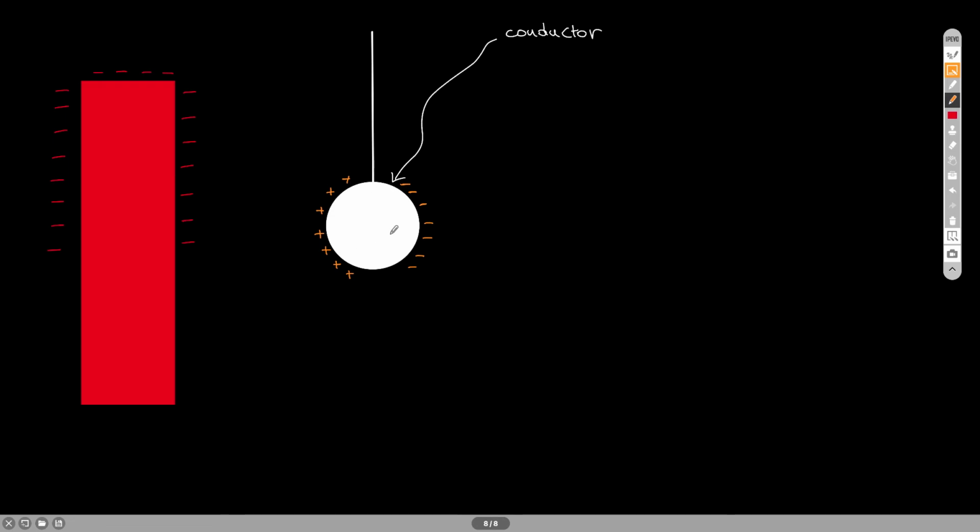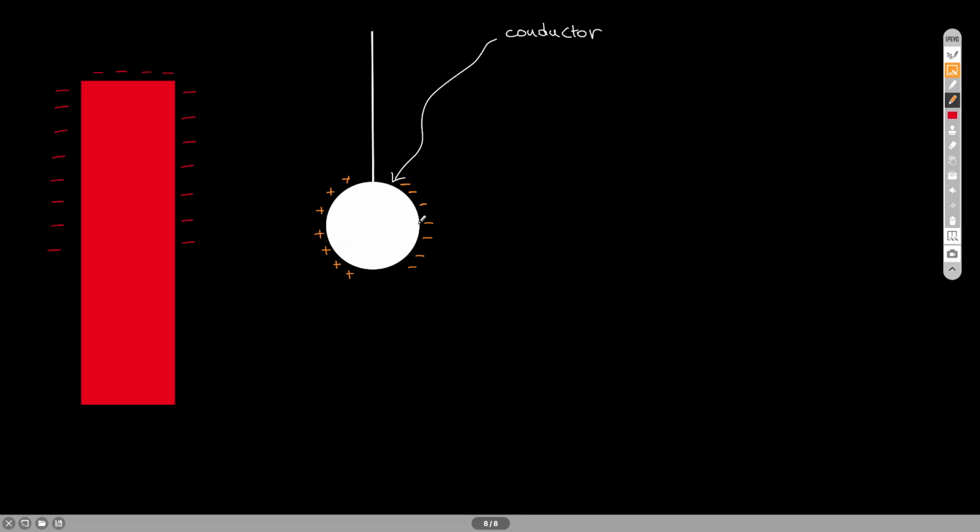Remember, this started being electrically neutral, and if you add the plus signs and the minus signs, you do get a zero. But because these excess electrons have pushed the mobile electrons as far away as possible to the right side of my conducting sphere, I do have some excess positive charges left by themselves on the left side of the sphere.